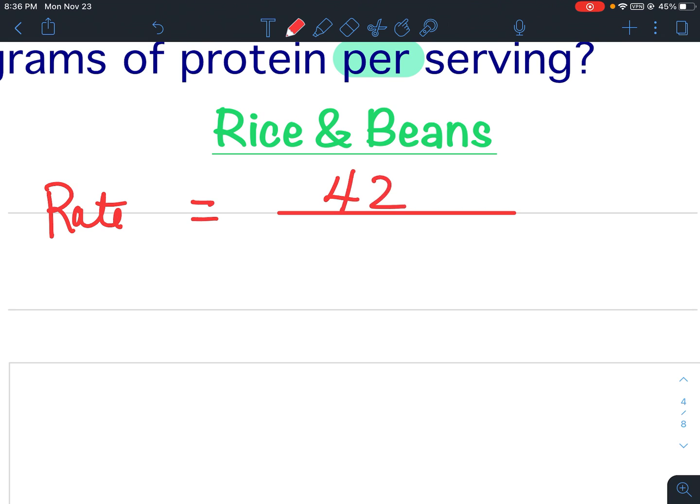Again, it is 42 grams of protein in 2 servings.